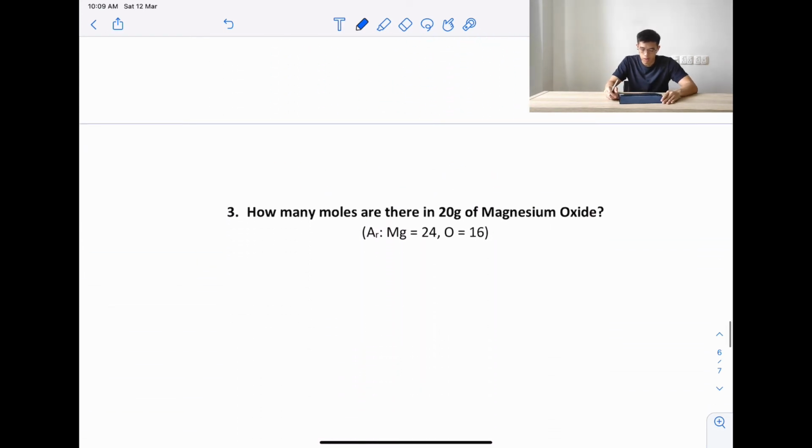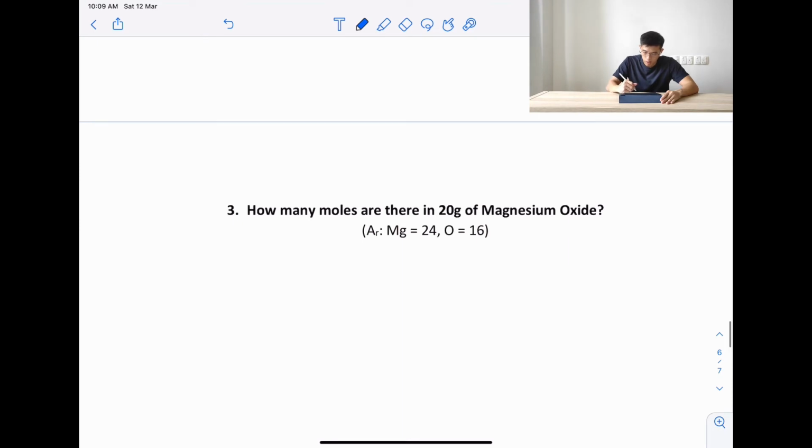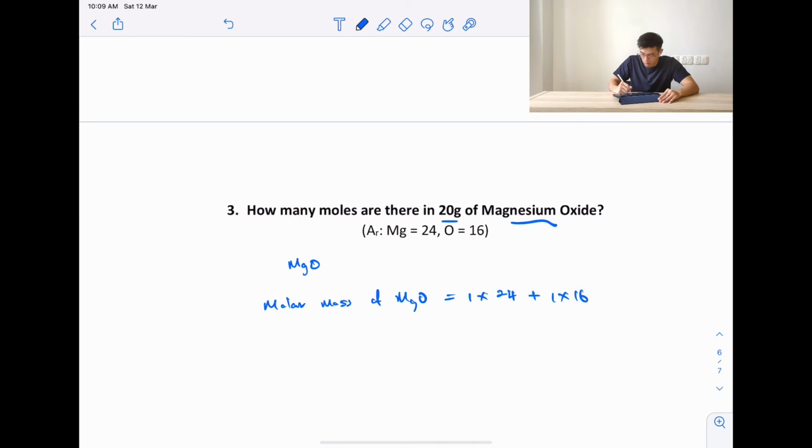So the next example is, how many moles are there in 20 gram of magnesium oxide? For magnesium oxide, first we need to determine the chemical formula. So magnesium oxide is MgO. So we need to find out the molar mass of MgO. So it will be 1 times 24 plus 1 times 16.